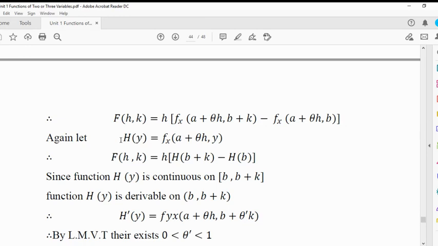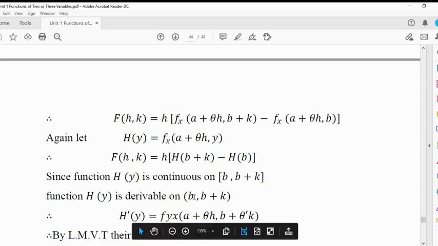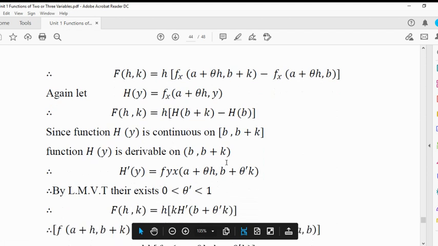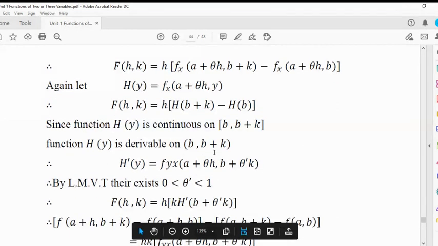Now let a second function capital H of y be equal to fx of (a plus theta h, y). Therefore F of (h, k) is equal to h into [H of b plus k minus H of b]. Now this function H of y is also continuous on the closed interval [b, b plus k] and derivable on the open interval (b, b plus k).